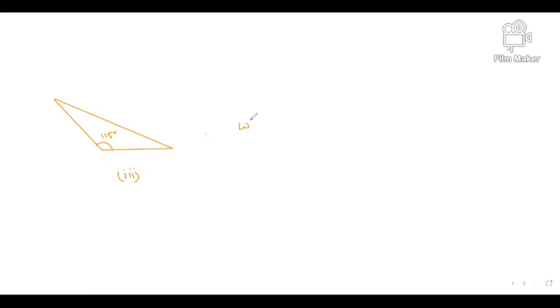So when one angle of a triangle is greater than 90 degrees, suppose we name it triangle PQR, here angle Q is greater than 90 degrees or a right angle.